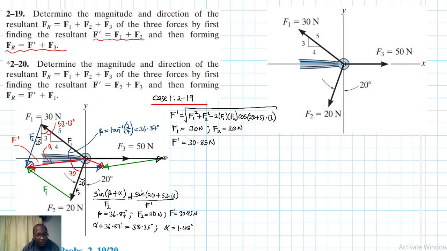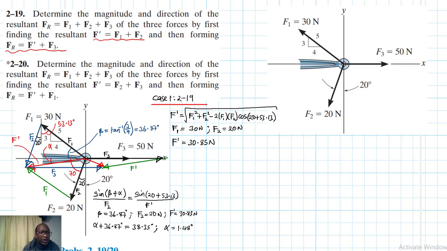So let's label them. So this one is F prime. This one is F3. Of course, this is F3, like so.